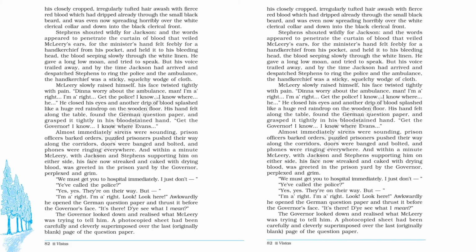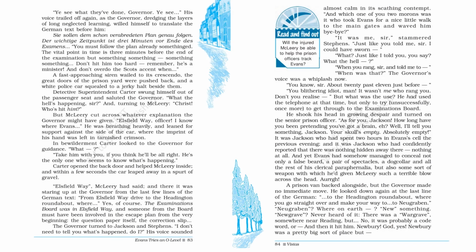But in actual fact, the injured McLeary was the real Evans himself, and he left the prison along with the police officer. How easy it was! Superintendent Carter informed him that McLeary had spotted Evans driving off along Elsfield Way, but had lost him at Headington roundabout. He must have doubled back into the city.